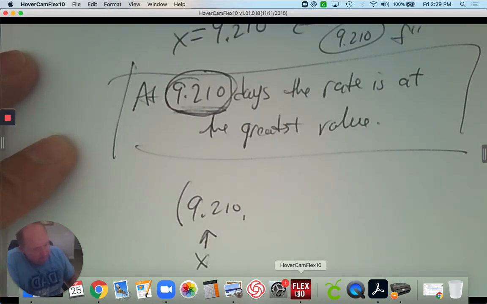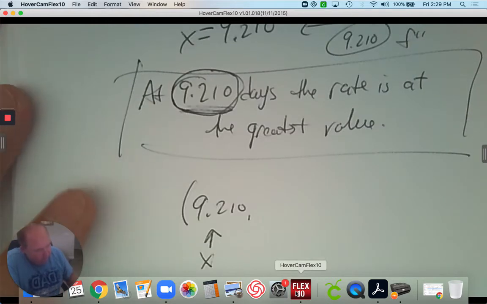Let me see if that matches with the answer key. So the first derivative, 9.210. See how I'm doing.